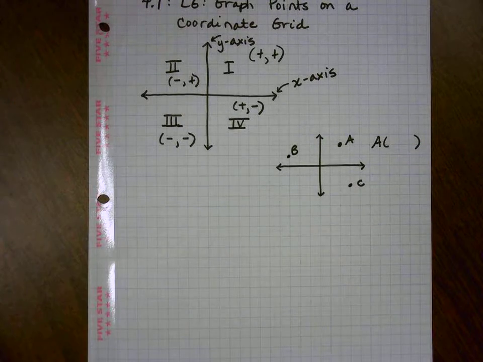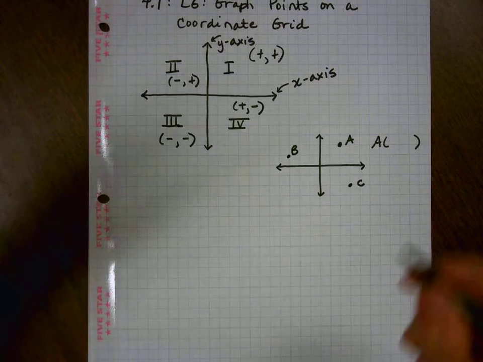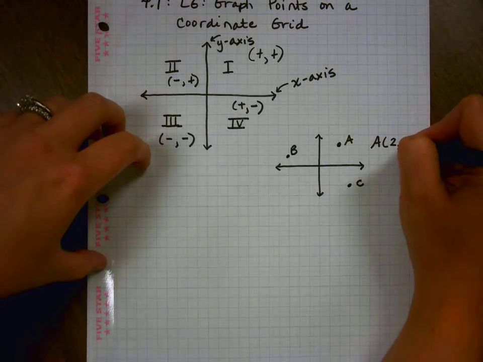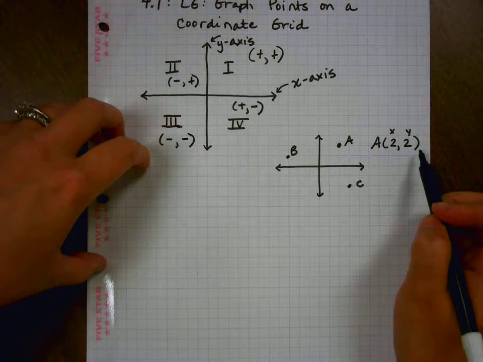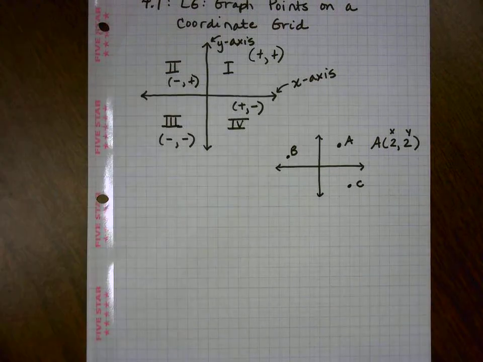Okay, what would A be here? Hannah? 2, 2. Okay, remember this is always your x, this is always your y, and you have to use parentheses. If you don't use parentheses, it's not an ordered pair. Okay, what would the point for C be?